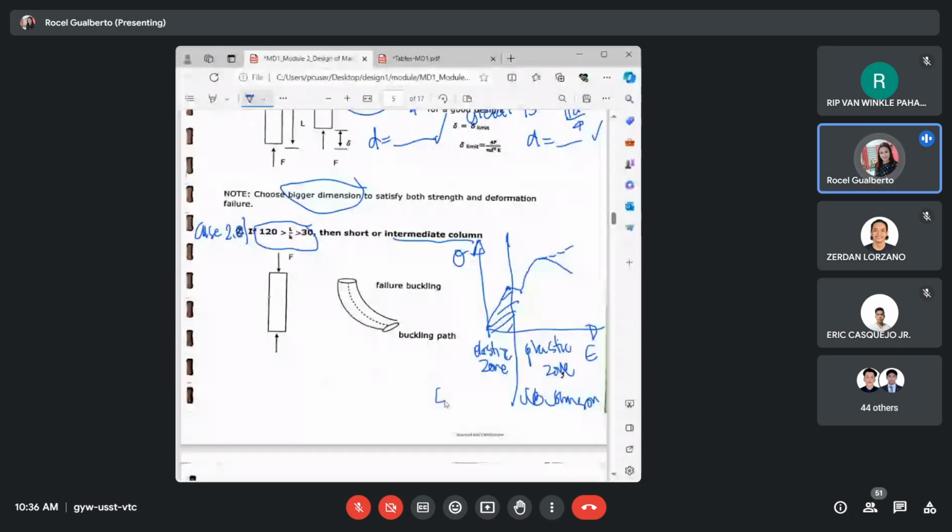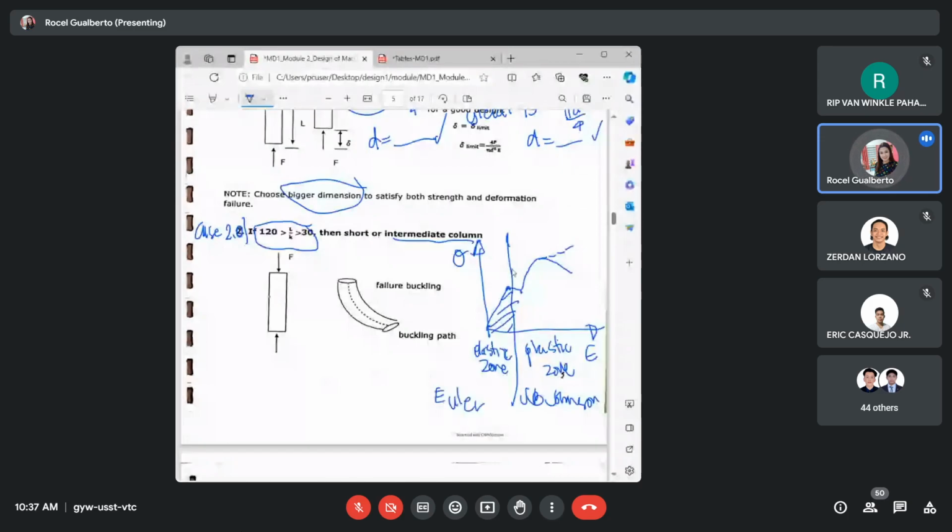So, ano sabihin ng dalawang ito? Elastic zone, say you have a member, you apply a compressive load to it, it will deform, and then it will go back to its original dimension, original length.